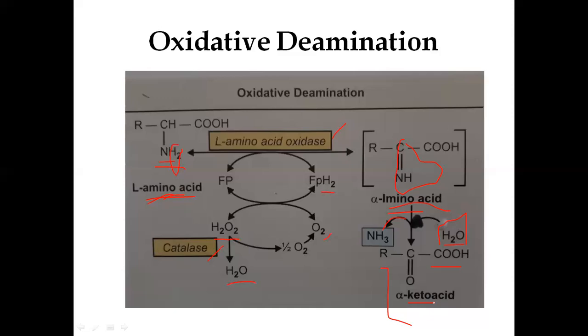The mammalian L-amino acid oxidase contains flavoprotein. It is restricted to liver and kidney only. It is present only in liver and kidney. The activity of the enzyme in these tissues is quite low, and the oxidative deamination rate is very low.